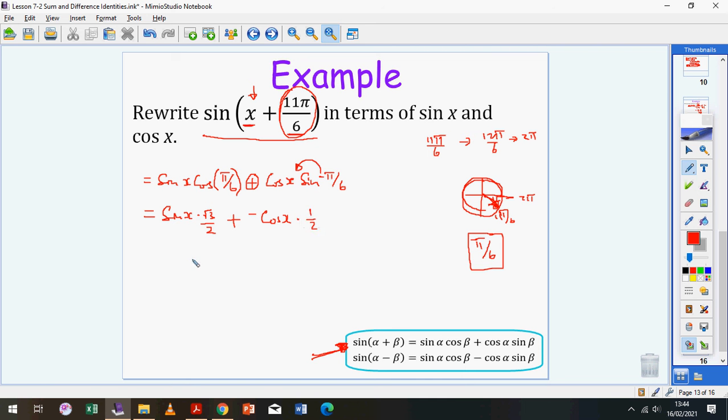So I have my answer being square root 3 over 2 times sine of x minus cosine of x divided by 2. I can write this together as square root 3 sine x minus cosine of x, all divided by 2.